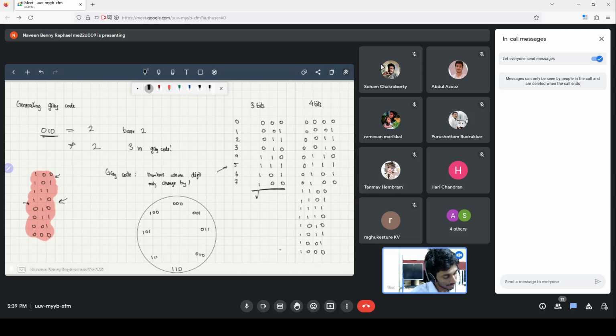What is a little interesting is, if you know the gray code for a number, you need not really know the gray code for the number in higher bases. I mean, you will put zero.